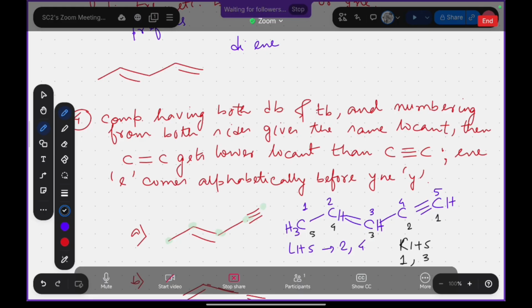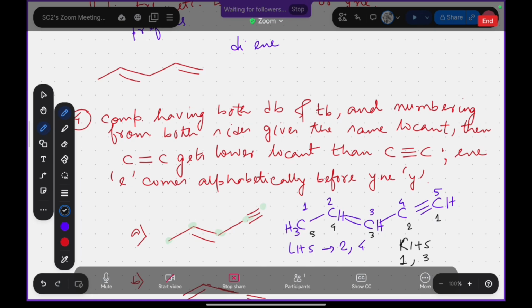Which one will you select now? I said that if numbering from both sides give the same locant, in that case the double bond is given the less locant and the triple bond is given the higher locant.